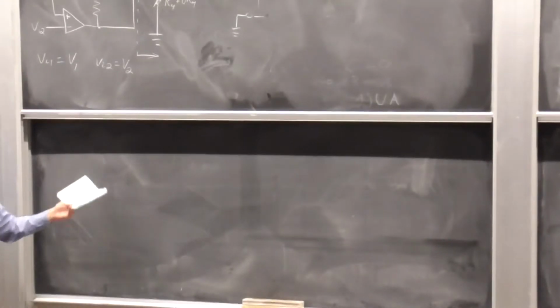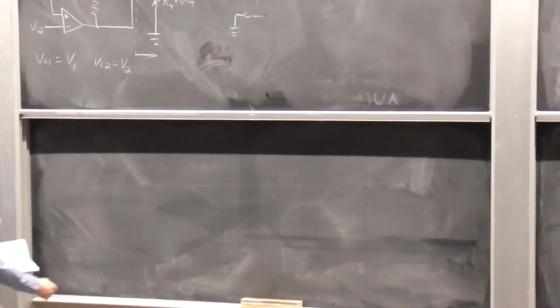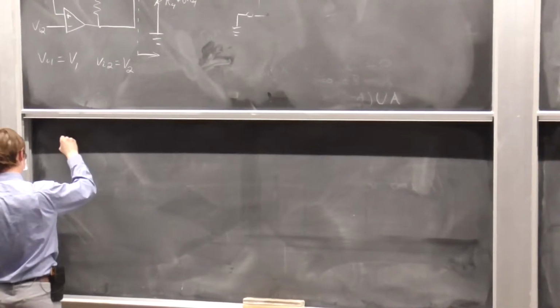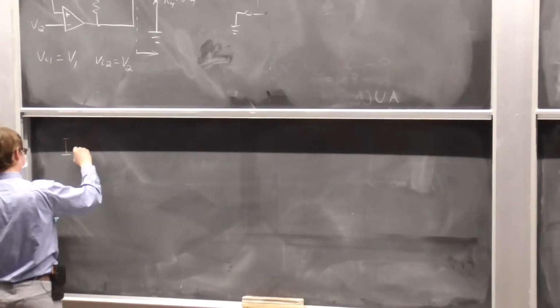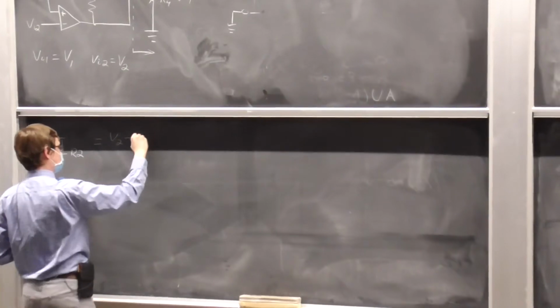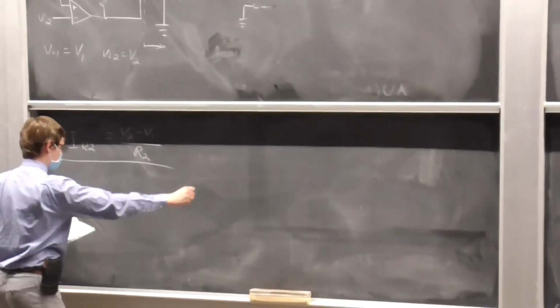It's easier if I do it in sequence rather than just scrawling equations across the board randomly, right? You don't have to answer that. So, via Ohm's law, the current through the resistor R2 is equal to V2 minus V1 over R2. Ohm's law. Boom.